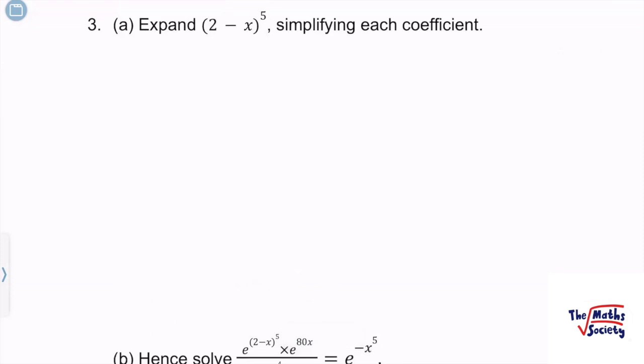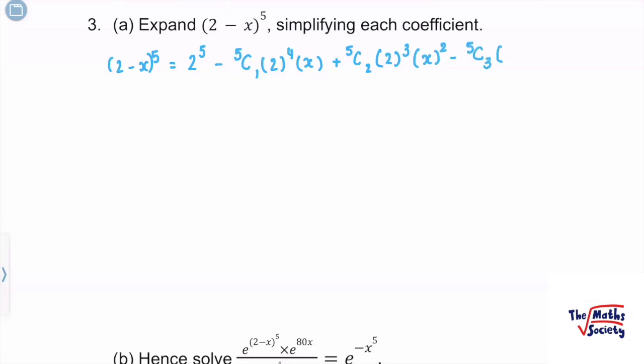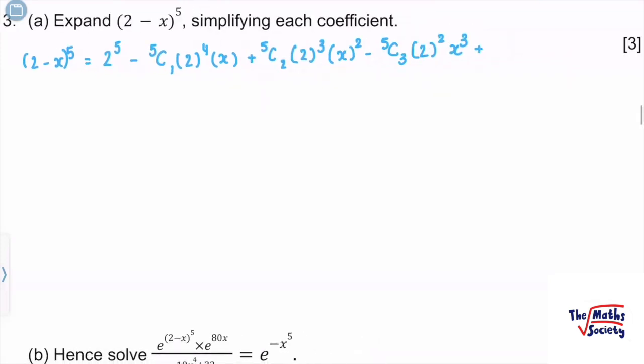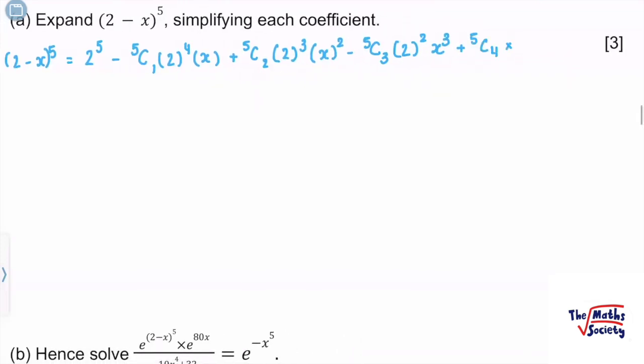So first of all, it is given that (2 minus x) to the power 5 equals 2 to the power 5, because it's minus, 5c1, 2 to the power 4, and then x, and it's going to be plus 5c2, 2 to the power 3, and then x squared, minus 5c3, that's going to be 2 squared, x cubed, plus 5c4, that's going to be 2, and then x to the power 4, and that's going to be minus x to the power 5 because it's the last term.